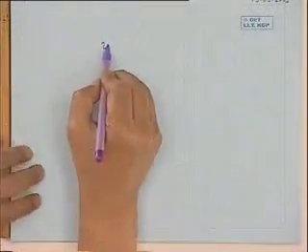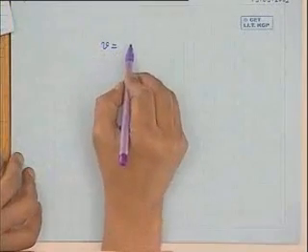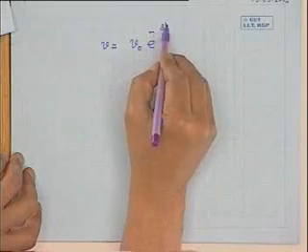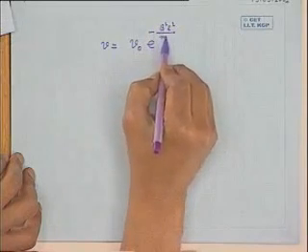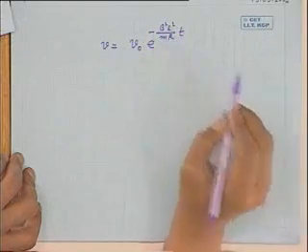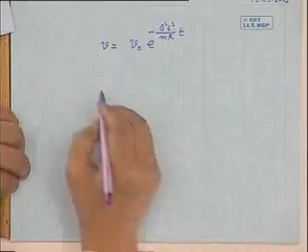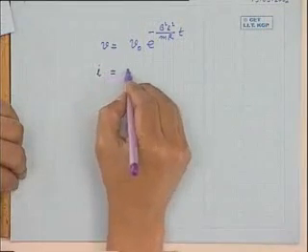So the velocity at any time t will be equal to V0 into e to the power of minus B square L square by MR into t. This will be the velocity. And what will be the current?